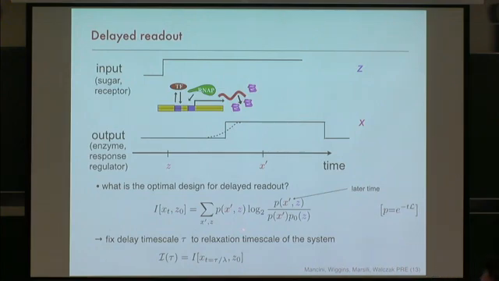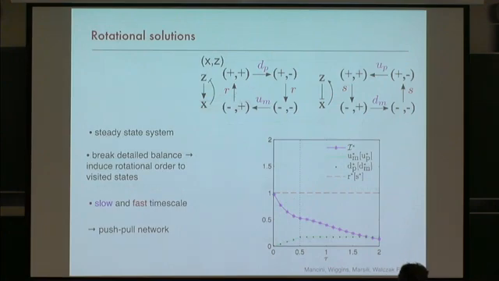And we fixed a characteristic timescale for the system at which you make the readout in terms of the relaxation time of the system. So one of the things we found is that the best way for these kinds of systems to actually transmit information, assuming that they're in steady state, is to use the fact that you can have slow and fast timescales.